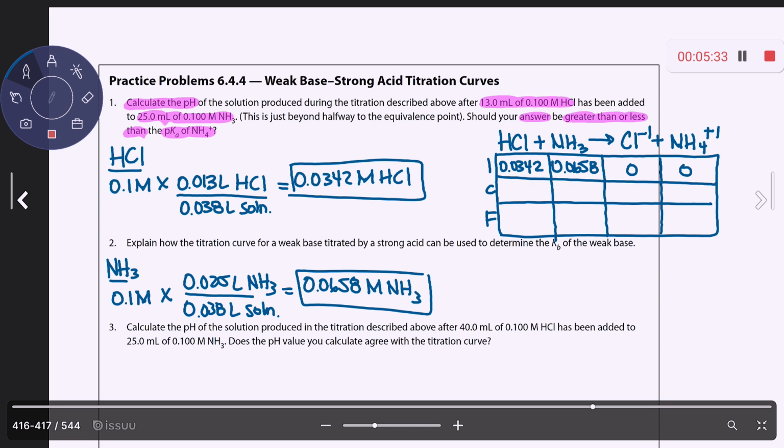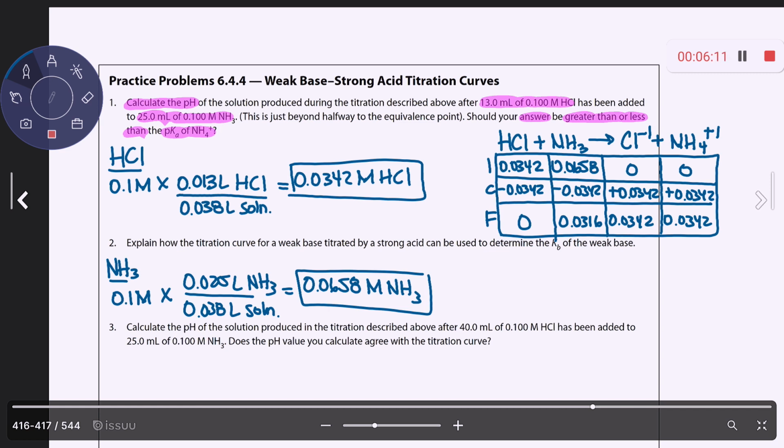We're going to run out of HCl, so minus 0.0342. And then I think this is 0, and I think this is 0.0316. Okay.